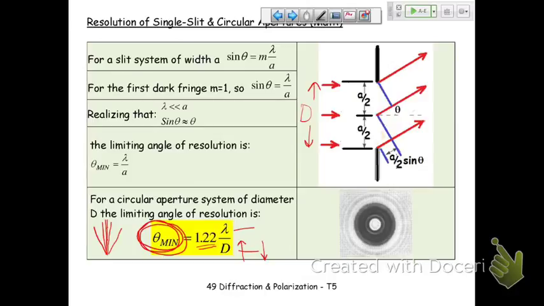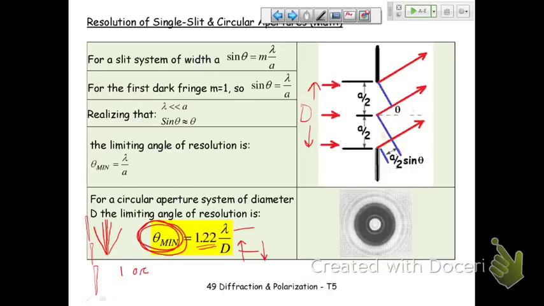And in a typical telescope, theta min is measured in arc seconds. A degree is 1/360th of a circle. An arc minute is 1/60th of a degree. And an arc second is 1/60th of a minute.